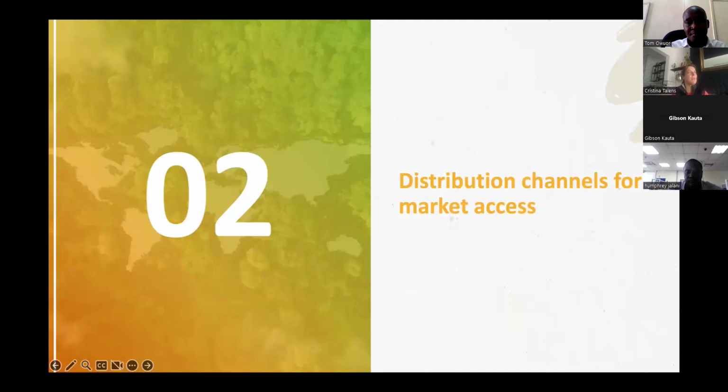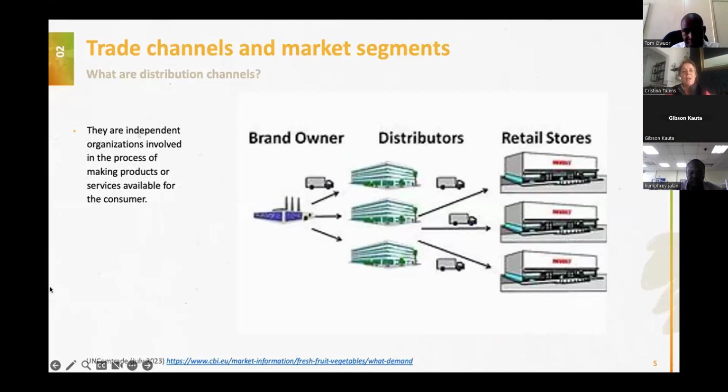Okay, so I'm just going to run quickly through distribution channels for market access, just to put everything in situ so that you understand what we're specifically talking about. Here on the right-hand side, you can see the trade channels or distribution channels that are potentially there for your product.